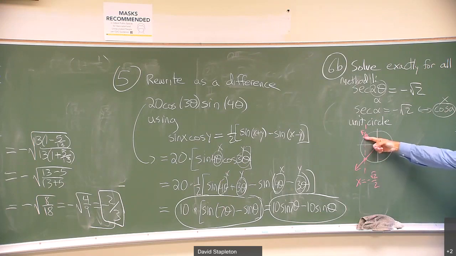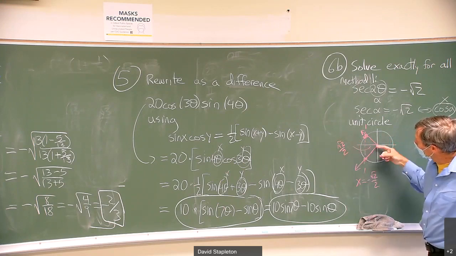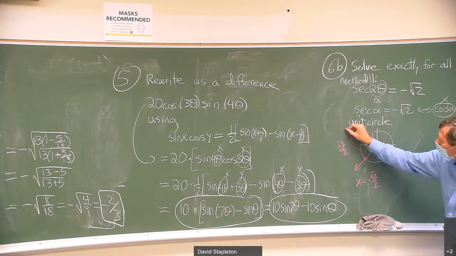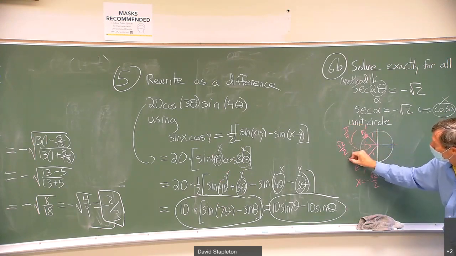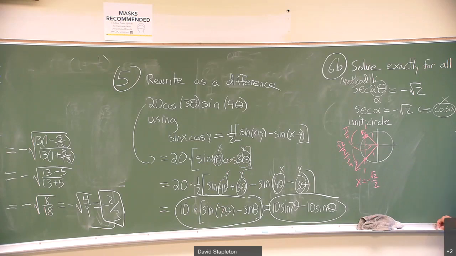The x coordinate is minus square root of 2 over 2 here. This length here must be plus square root of 2 over 2, right? It's a unit circle. Ah, square root of 2 over 2 and 1. This must be a 45, 45, 90 triangle. That's pi over 4. And by symmetry, this one is also pi over 4. It also has a square root of 2 over 2. Now I can figure those angles nicely.